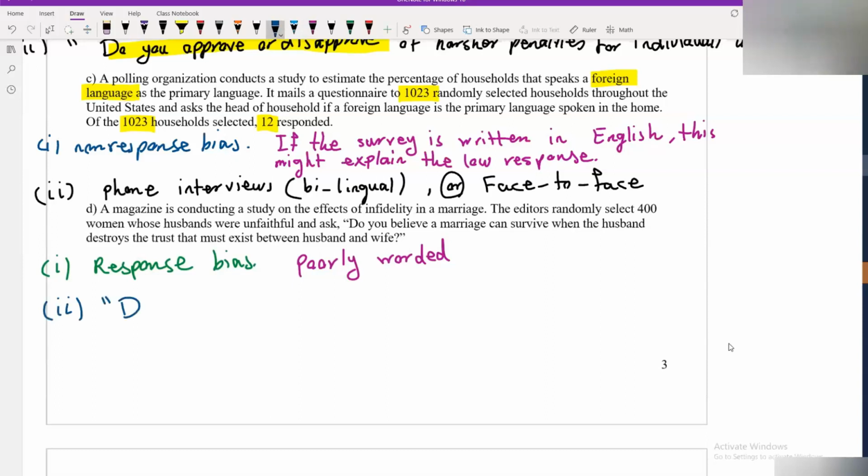So do you believe a marriage can be maintained?